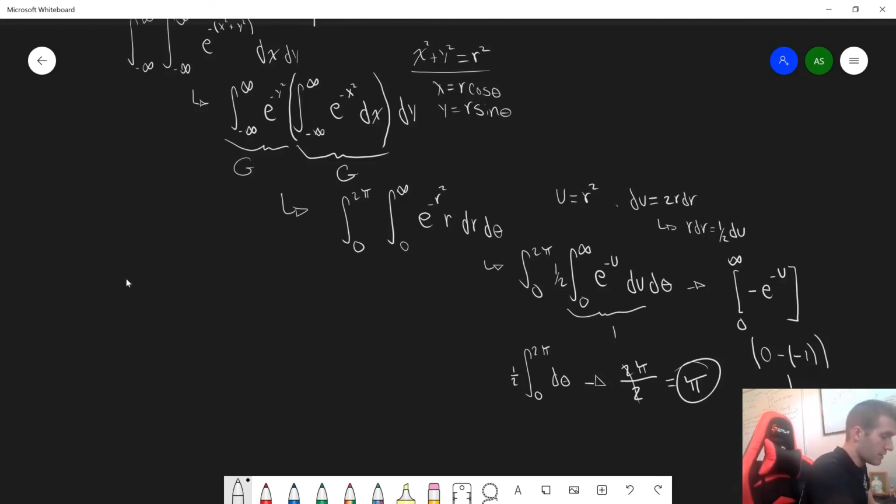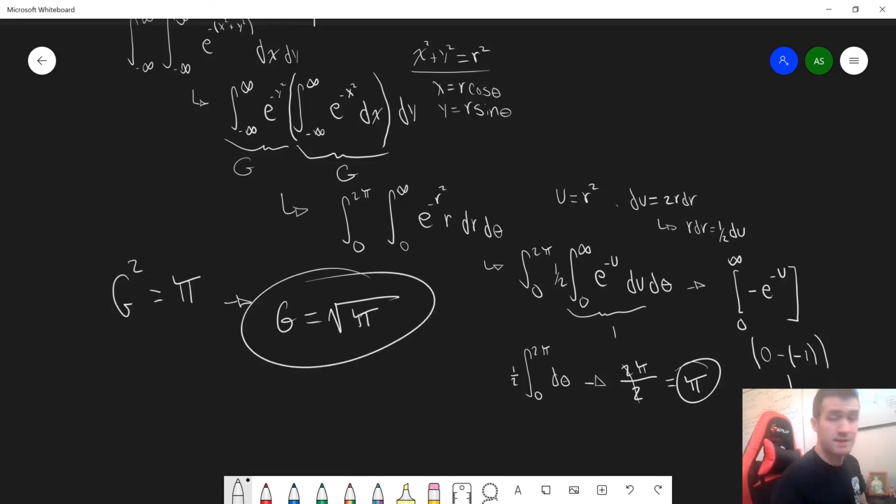So it would seem that this is just g squared equal to pi. And solving for g, like we want to do, is just going to be g equal to the square root of pi. And that is our answer.